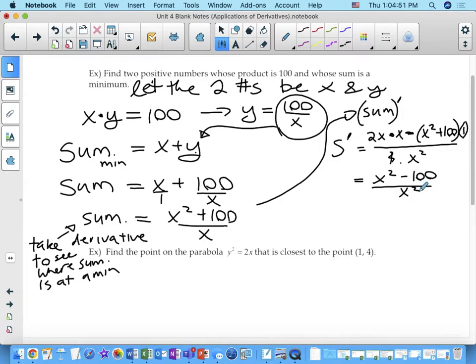Okay, now in terms of the critical numbers, I end up from the numerator with the critical numbers of, if I solved this for 0, right?